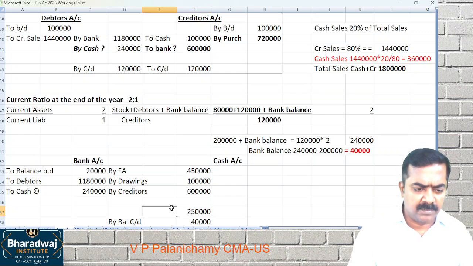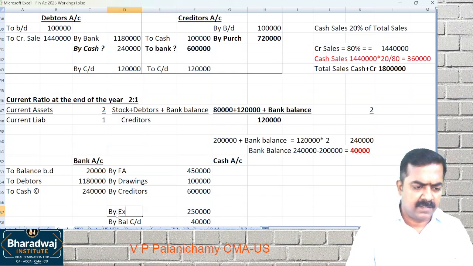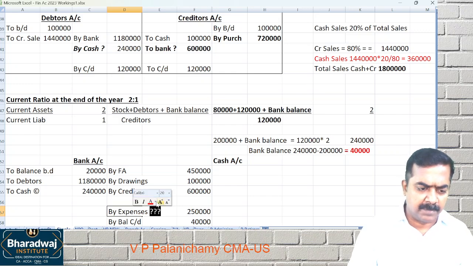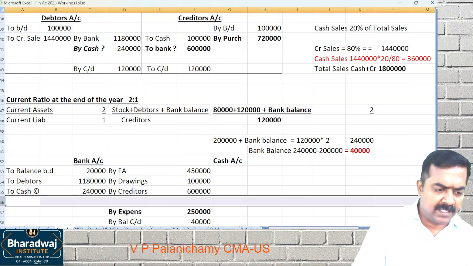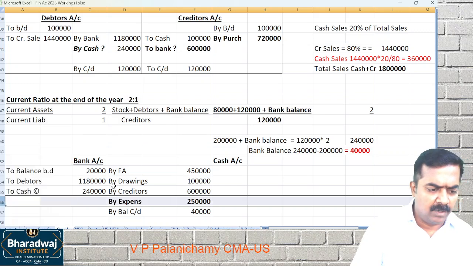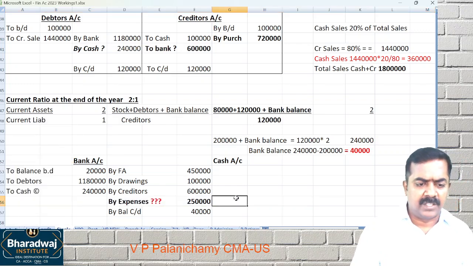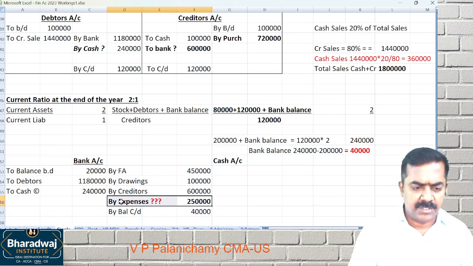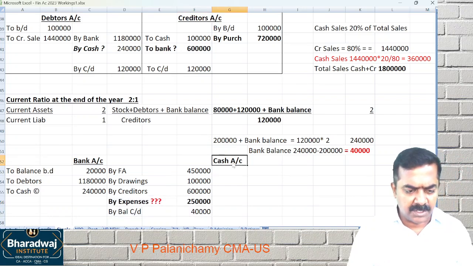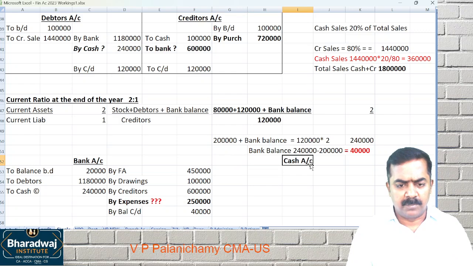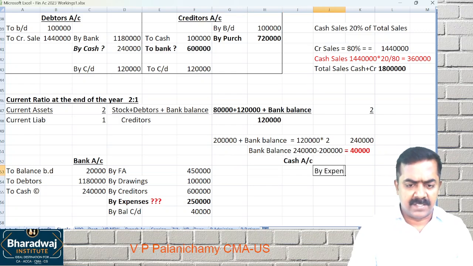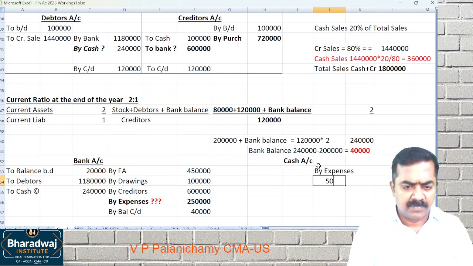2,50,000 shortage வருது. இன்னும் என்ன பண்றது? By expenses we paid in check. Total expenses எவ்வளவு? 5 lakhs. அந்த total expenses-ல எவ்வளவு pay பண்ணிருக்கீங்க? 2,50,000 is paid by check. இப்போ balance வந்து cash account-ல வந்துடும். Cash account-ல போடும்போது by expenses, what is the total expense? 5 lakh.